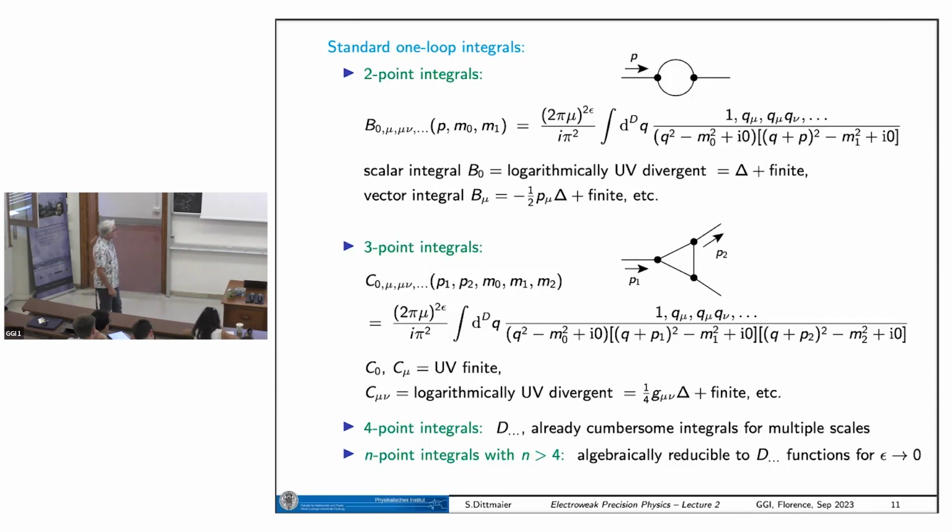So what you eventually have to calculate are so-called scalar and tensor integrals. It is terminology that was introduced by 't Hooft and Veltman in '79 or so, that one calls the 2-point integrals B, 3-point integrals C, and so it goes on with D and also higher versions of it.